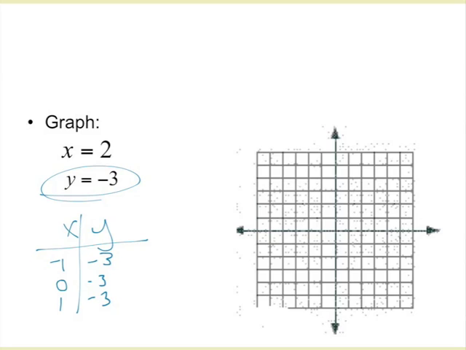So if I start plotting those, I get points down at a height of negative 3 no matter what number I plug in for x. And so I get a horizontal line then. Okay, a y equals will graph a horizontal line because it has to cross the y-axis. It's giving us a value that y always is, so it has to hit the y-axis at that number, which is going to make it horizontal.